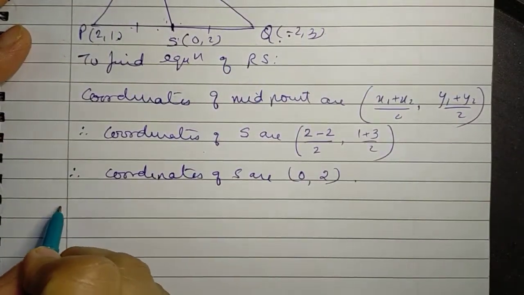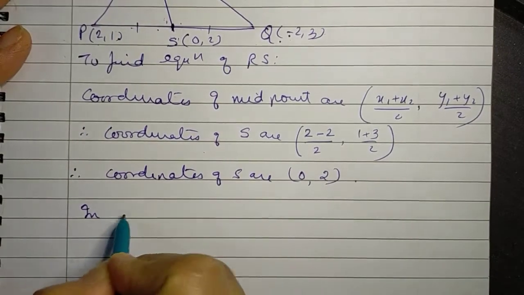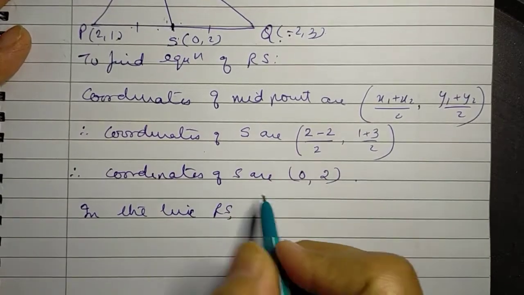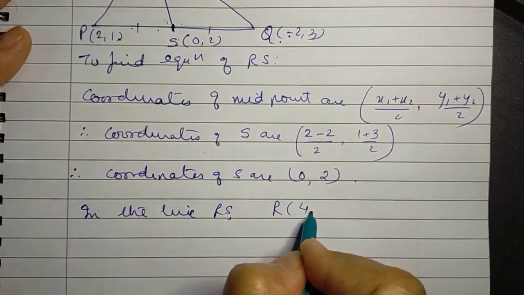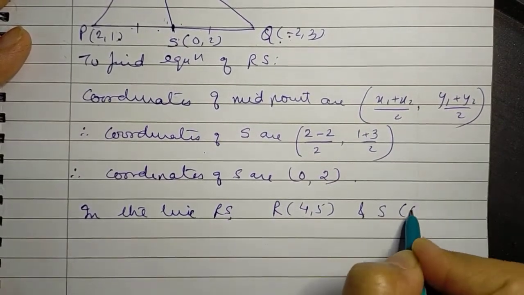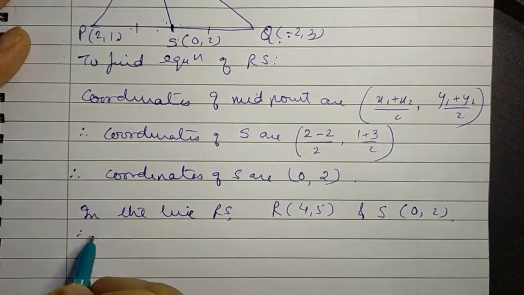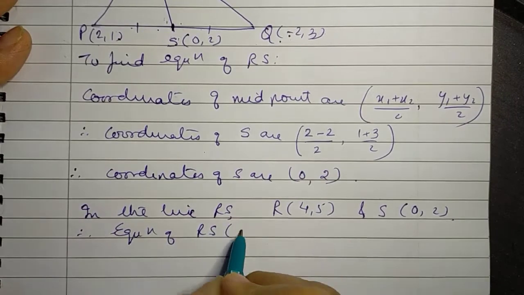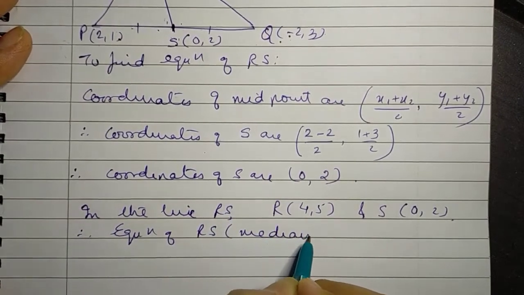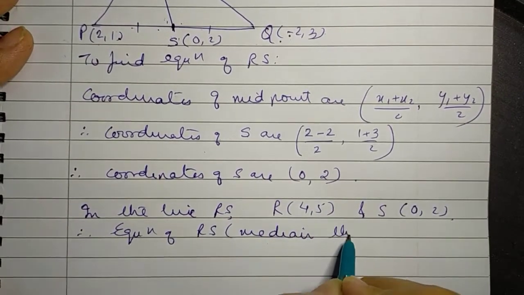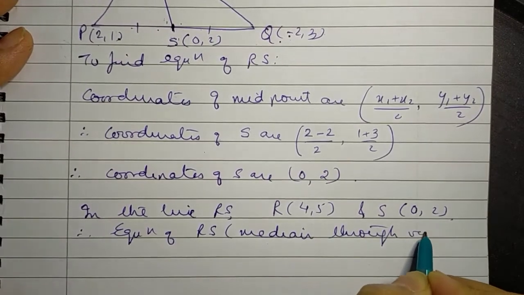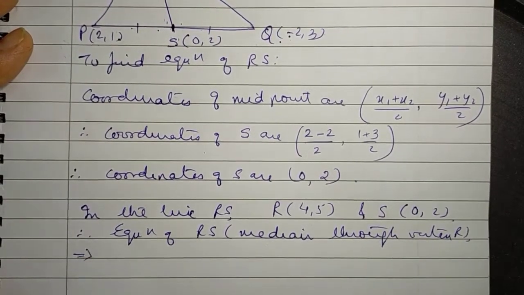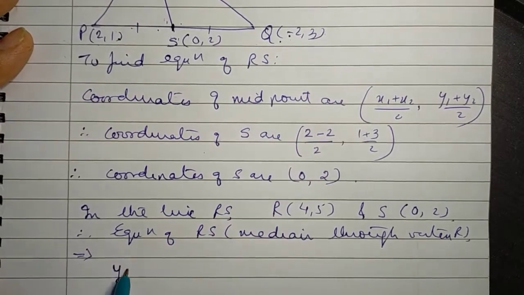Now in the line RS, R is 4 comma 5 and S is 0 comma 2. Therefore equation of RS, which is also the median through vertex R, we have y minus y1.